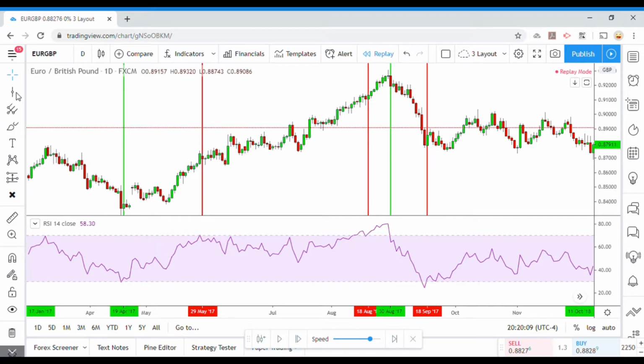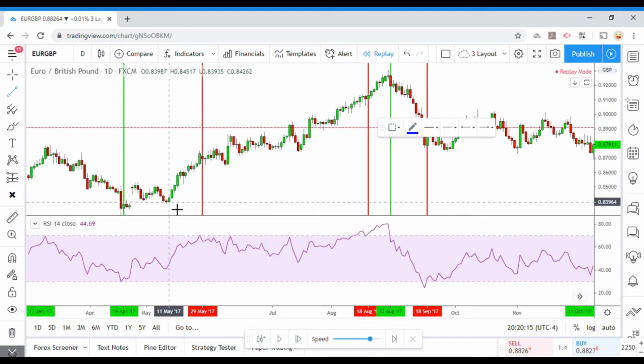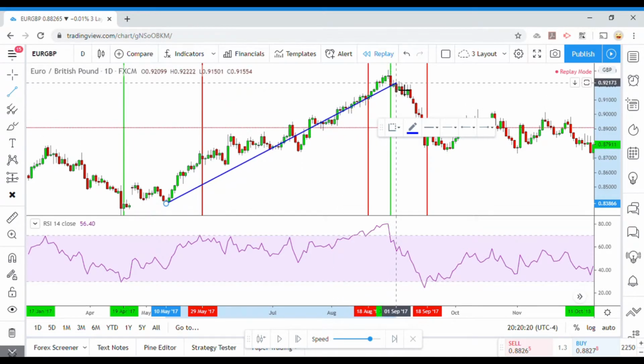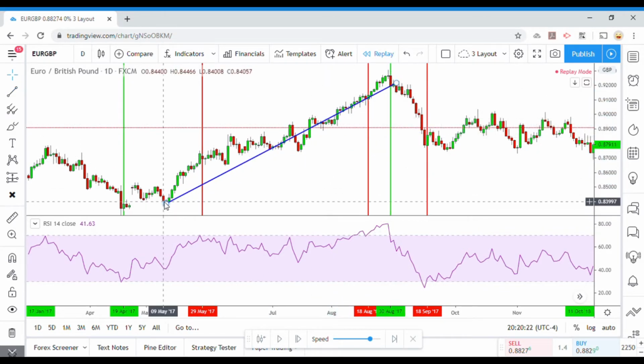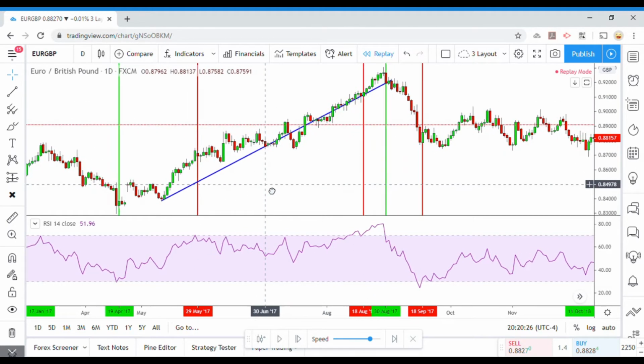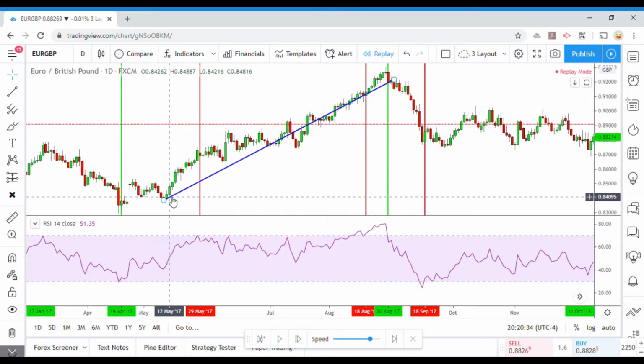2, take for example, this area right here. That trend right there. What I don't like about the RSI is it never gave us a green signal.